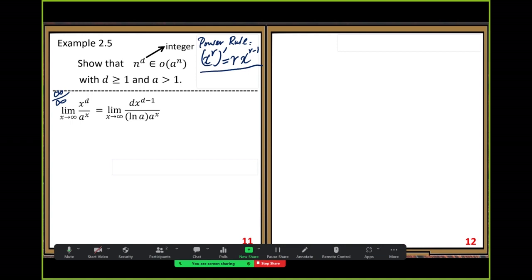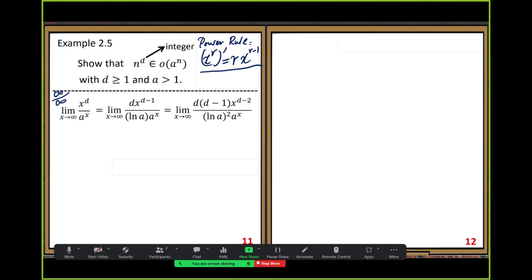The second round of derivatives, power rule again: this time d times d minus 1 times x to the d minus 2 power. In the denominator, we just multiply by another natural log of a.